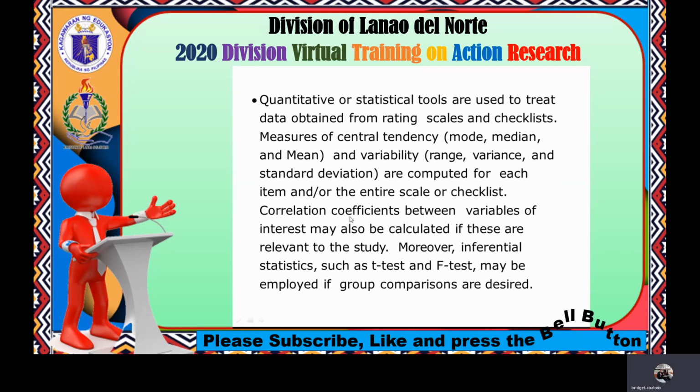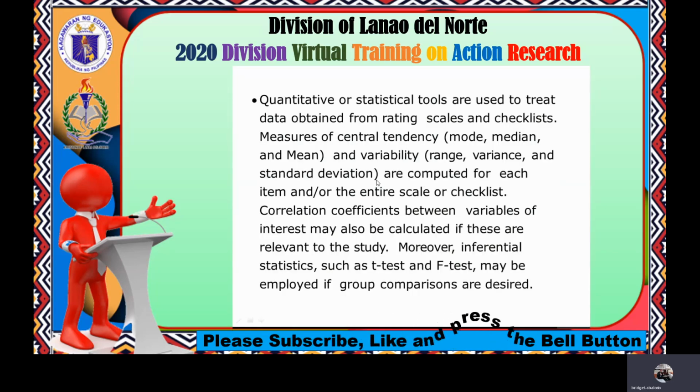Correlation coefficients between variables of interest may also be calculated if these are relevant to the study. Moreover, inferential statistics such as t-test and f-test may be employed if group comparisons are desired.